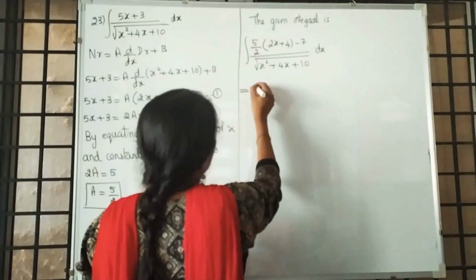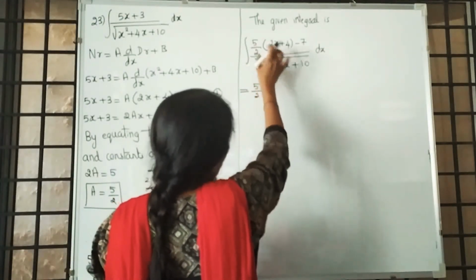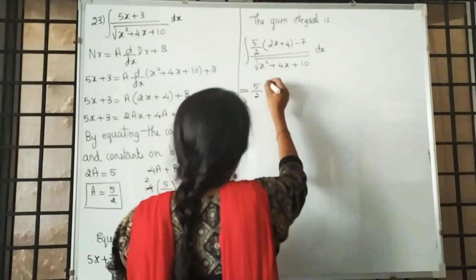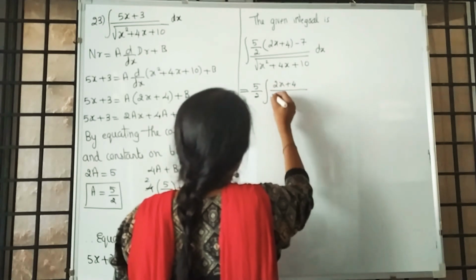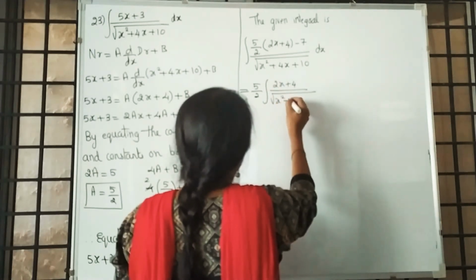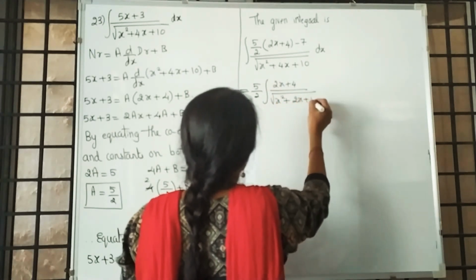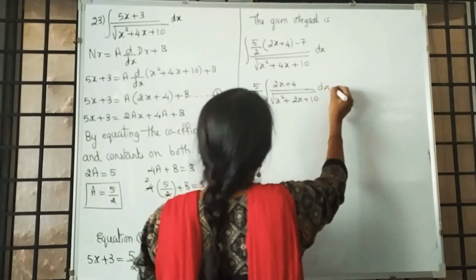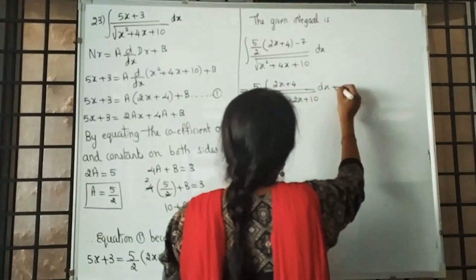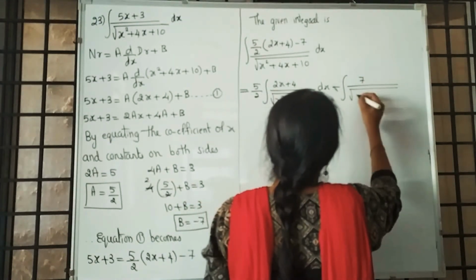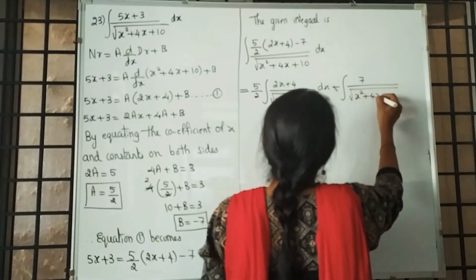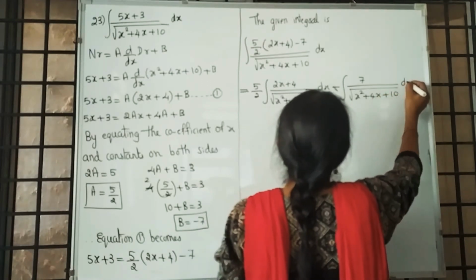Taking the numerator terms separately, it is 2x plus 4 upon root of x square plus 4x plus 10 into dx, minus 7 upon root of x square plus 4x plus 10 into dx.